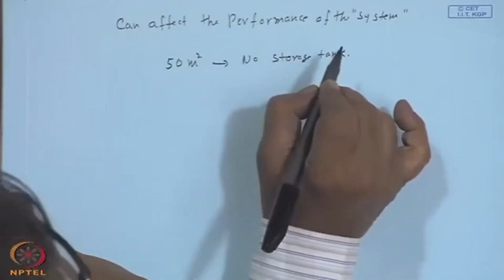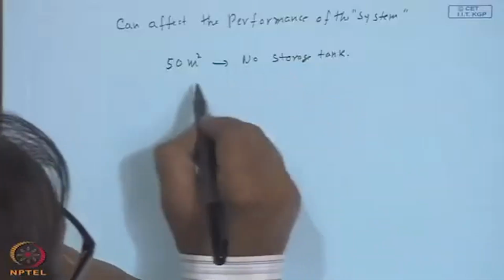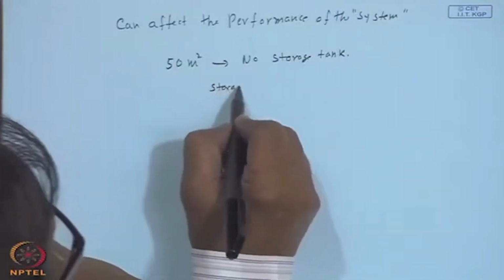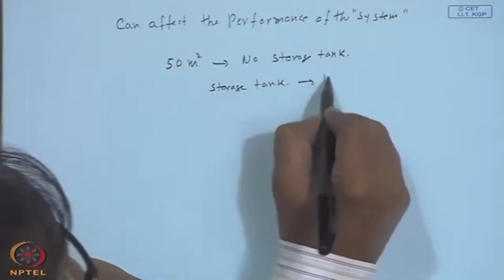So, unless the demand matches exactly with the solar radiation variation over the day, you will not have any water available to you, let us say if you take a bath early in the morning. But you provide a storage tank approximately of, let us say, 1 day capacity.